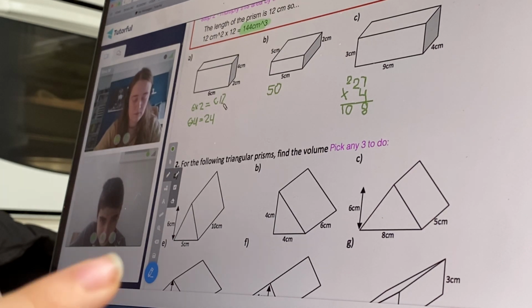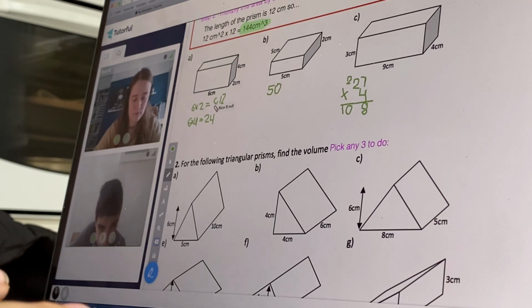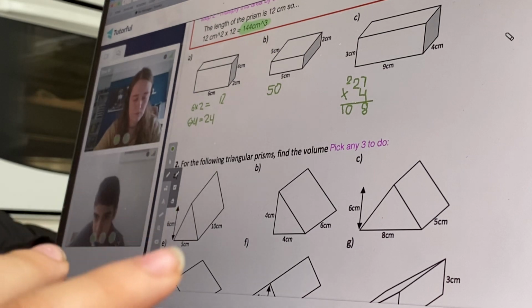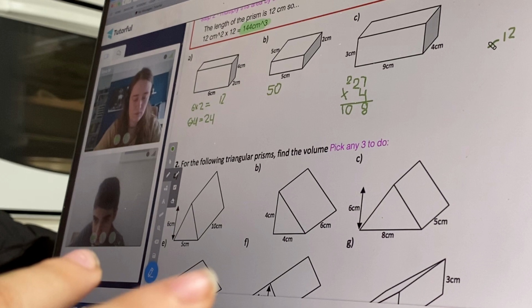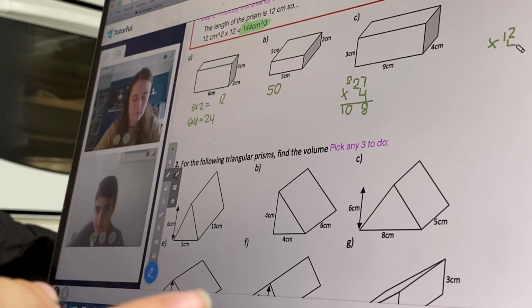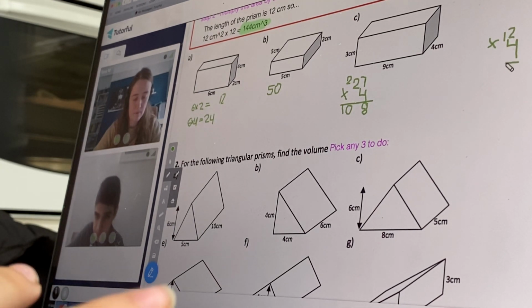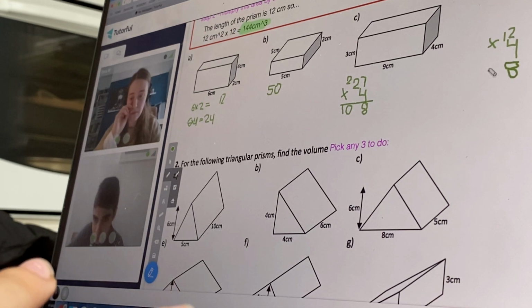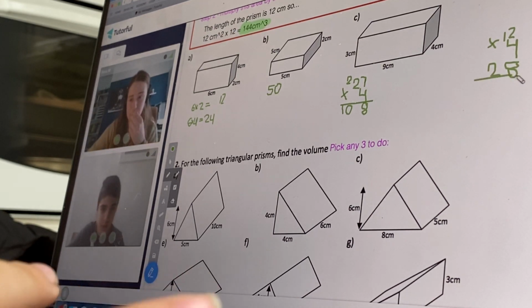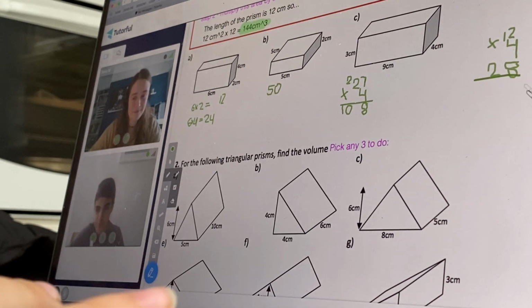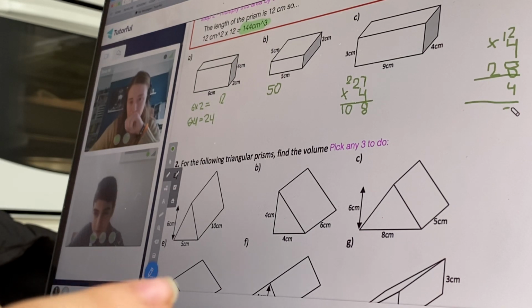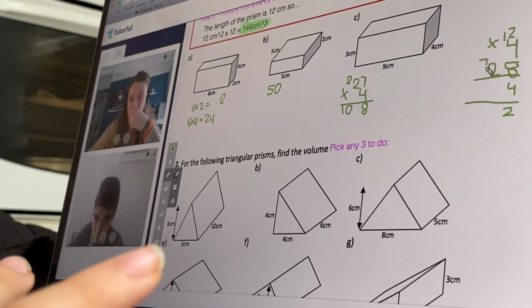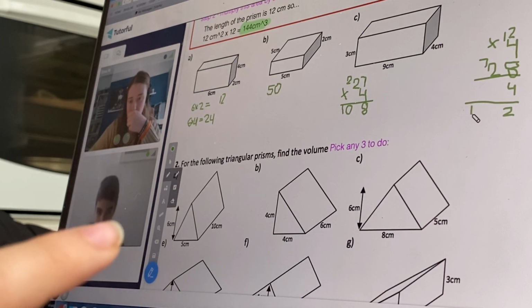Let me just do that quick. Times 4 is 28, and then 28 multiplied by 4 is 112.